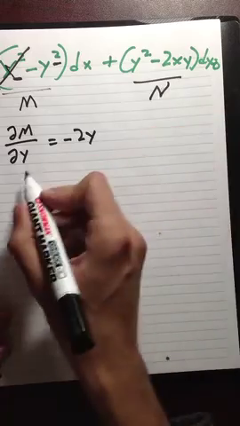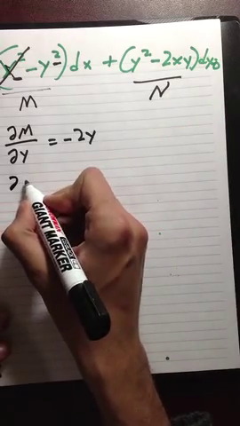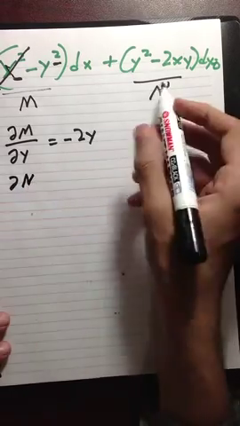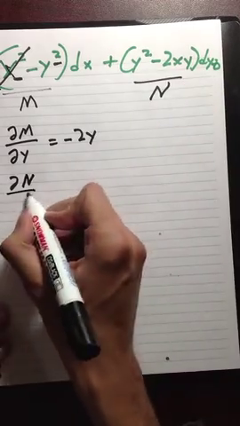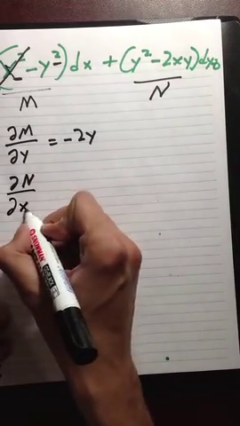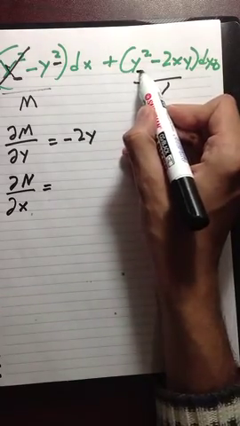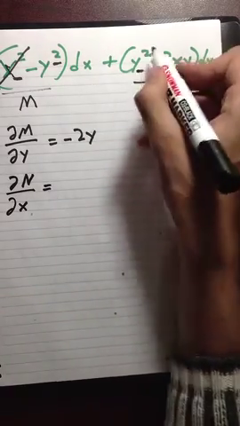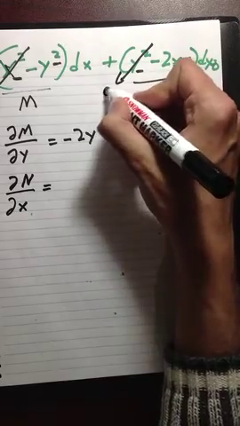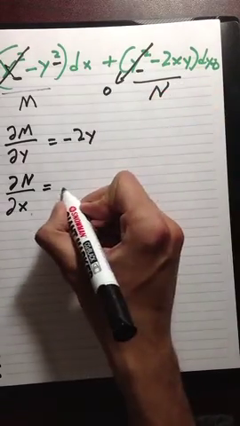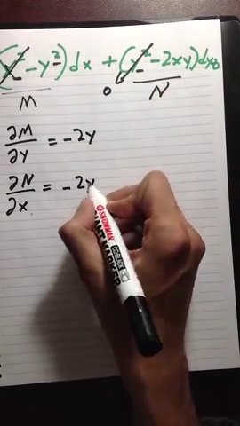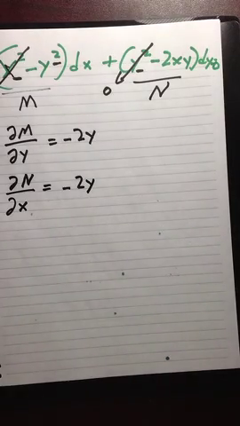The next part, according to the rules, is the derivative of N, which is this part right here, with respect to x. There is no x next to the y, so that is reduced to 0, and minus 2xy is reduced to minus 2y. Oh, look what we got here: minus 2y and minus 2y.